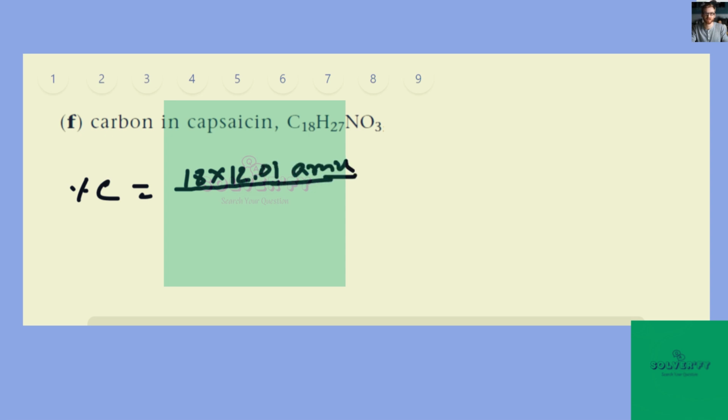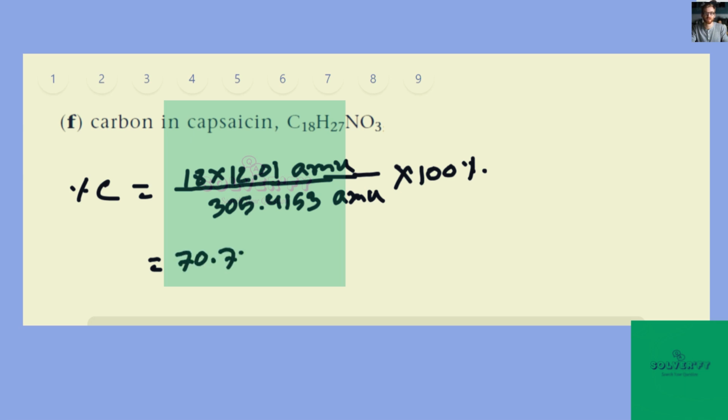In the bottom we place the formula weight of this compound, which is 305.4153 atomic mass unit, times 100%, which will give us 70.78%. So this is the mass percentage of carbon in this compound.